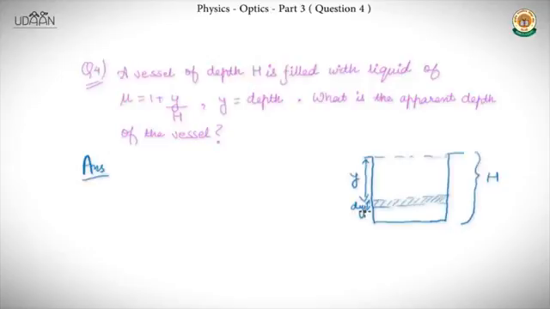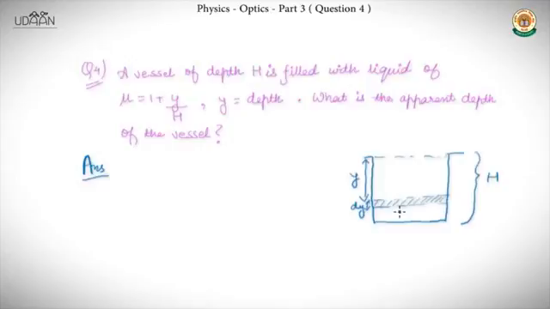The relation between the apparent depth contributed for each element. See, for each infinitesimally small element, there is some contribution to apparent depth, but the contribution of each element is different. So we have to sum over all the different apparent depths of the different elements. So that's why integration is involved.